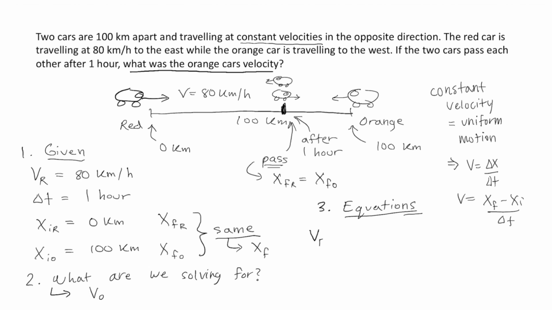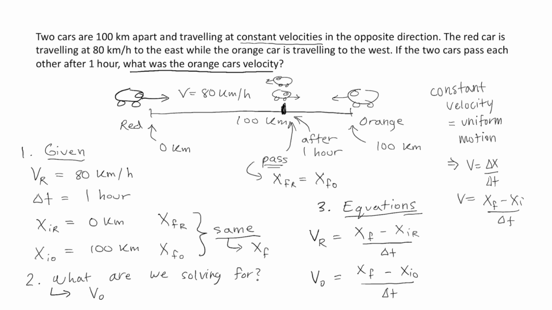And the reason I said that we need equations, plural, is because we have two objects. So we're going to need a velocity equation for the red car and a velocity equation for the orange car. The velocity of the red car would be VR is equal to xf minus xir divided by delta t, whereas the velocity of the orange car would be VO is equal to xf minus xio divided by delta t.